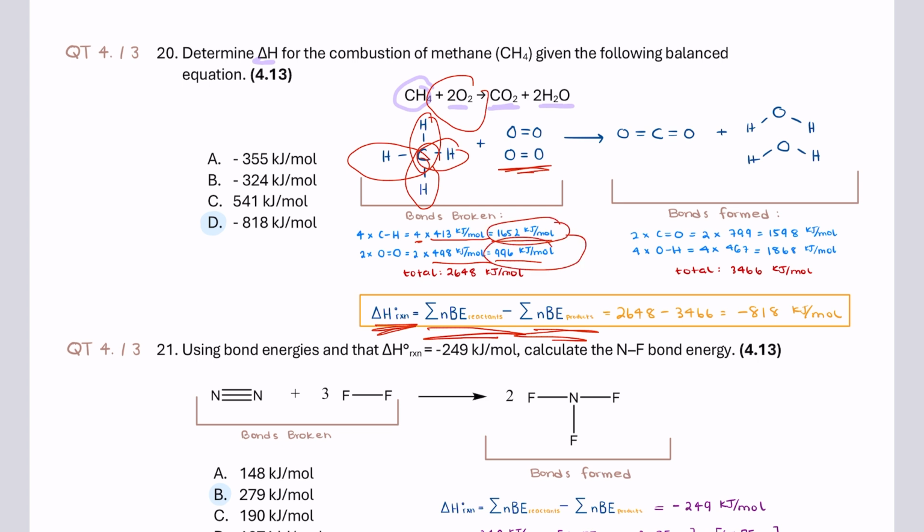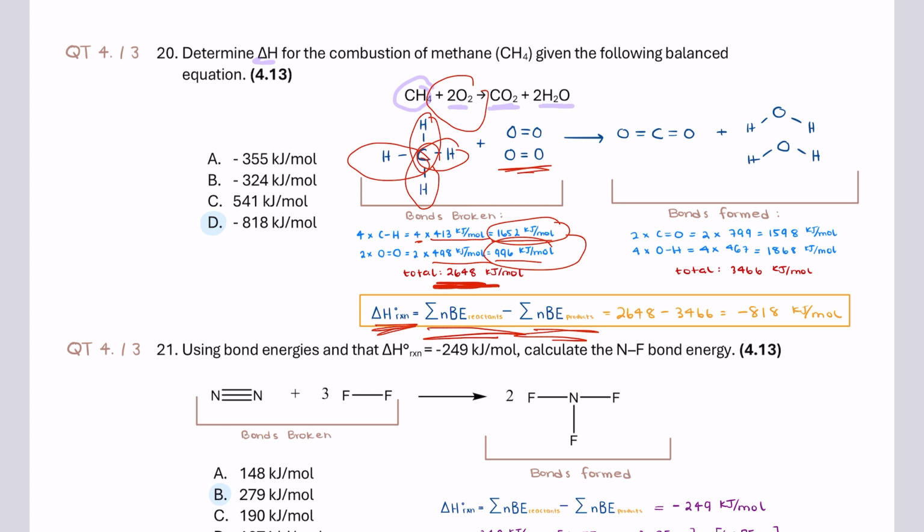Adding both parts together, the total energy needed to break the bonds in the reactants is 1,652 plus 996, which equals 2,648 kilojoules.